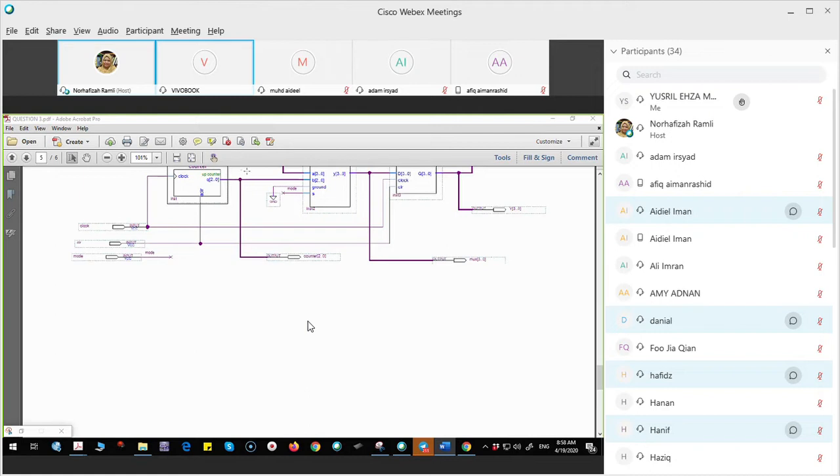What happened here is that the upper 3 bits are from the counter, and then your lowest bit is always 0. In other words, when your counting is 0, 0, 0, this is from the counter, you add another 0.